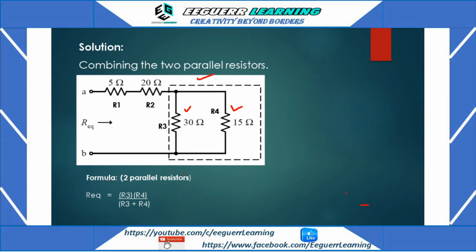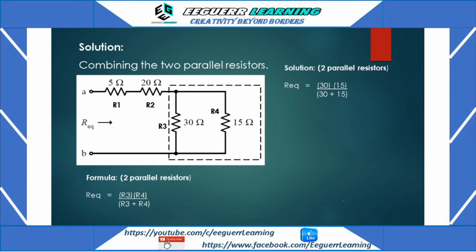With that, we're going to use our formula for two parallel resistors, and that is R equivalent, or R total, equals R3 times R4 over R3 plus R4. Okay, so let us proceed.